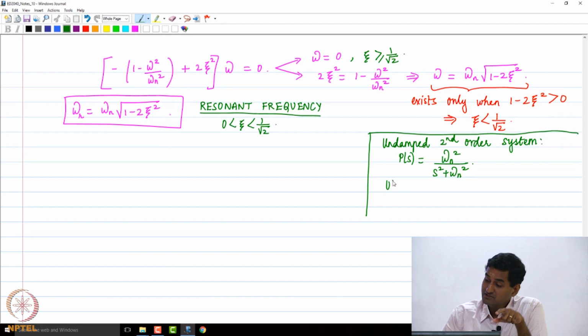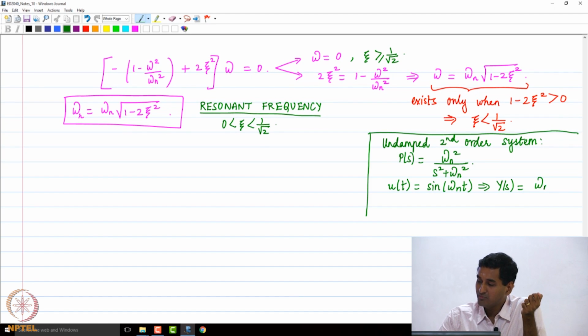But if you also give an input, let us say sine omega n t, what is going to happen to the output? We are going to get omega n squared times omega n divided by s squared plus omega n squared whole square.